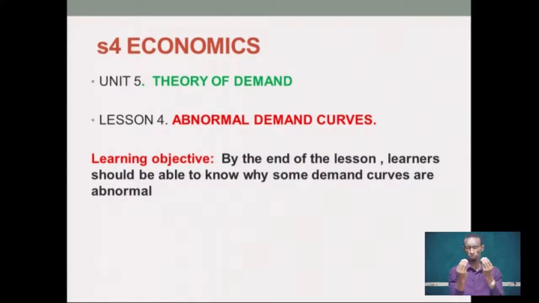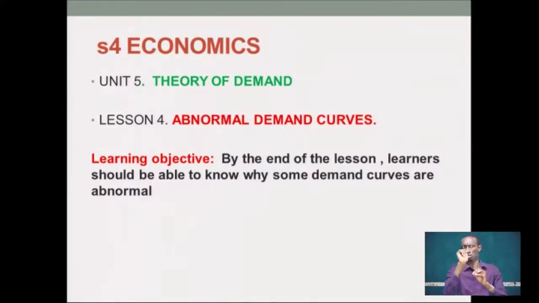It doesn't happen by chance; there are reasons behind the slope of the normal demand curve, where we talked about majorly three reasons: the income effect, the substitution effect, and the law of diminishing marginal utility. Now, today I want us to talk about the abnormal demand curves.